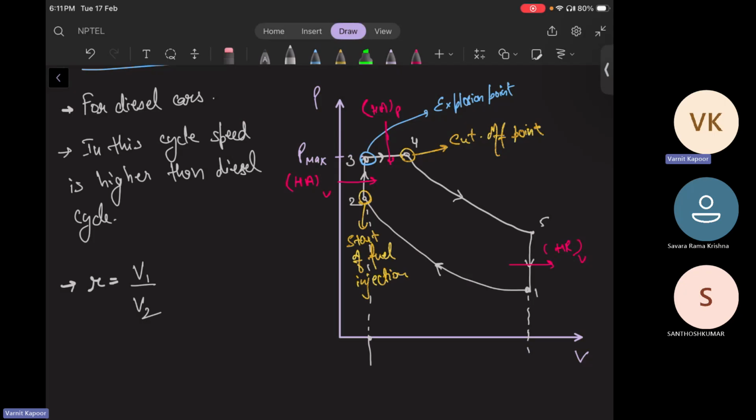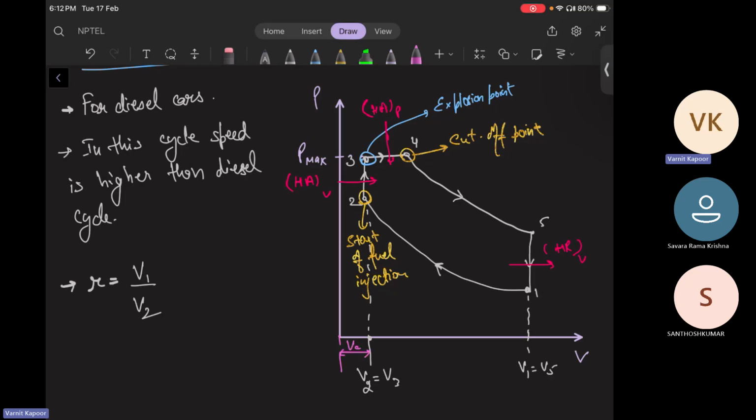V2 and V3 are the same. This is V1 equal to V5. This is V1 equal to V2 equal to V3. This is your clearance volume, VC.